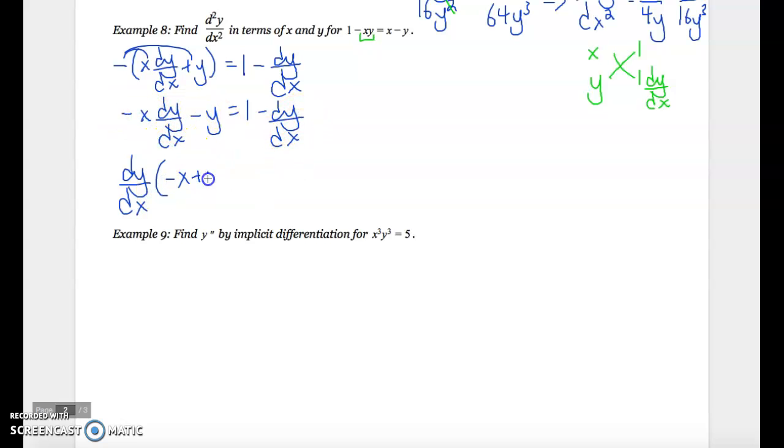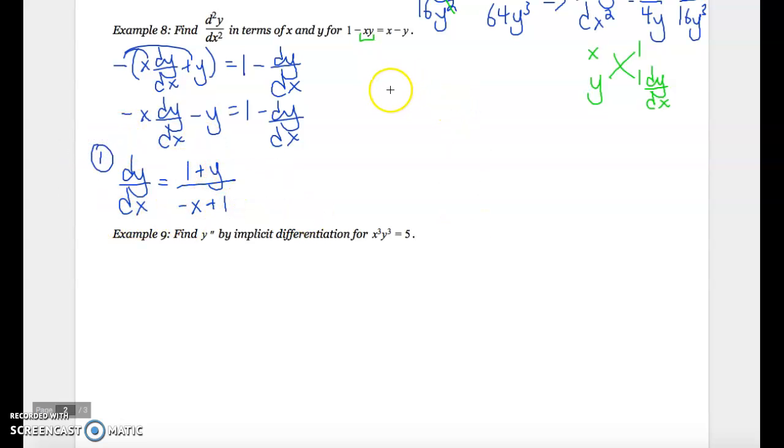And on this side, we move that y over, so it'd be 1 plus y. Beautiful, and divide on both sides. So it'd be 1 plus y divided by negative x plus 1. Beautiful. So that's our first derivative.